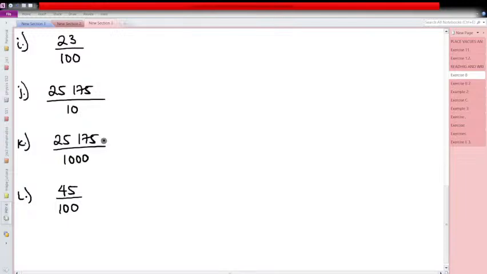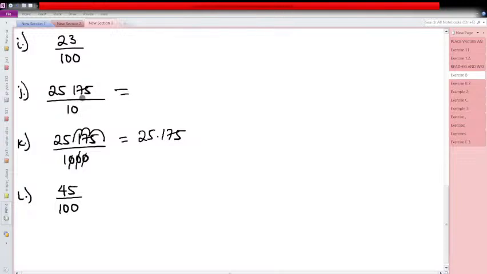So if you are moving the decimal point from this point 3 times, when you move it once, it takes away this. You move it the second time, it takes away this. You move it the third time, it takes away this. And this is where your decimal point is. That gives you 25.175.